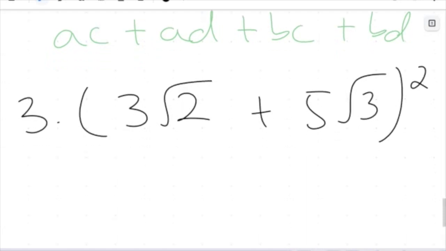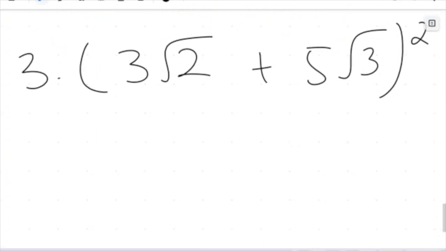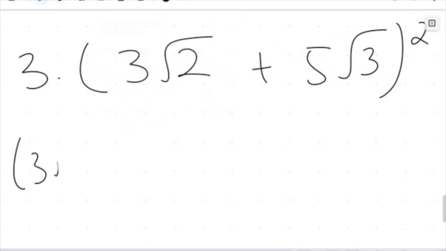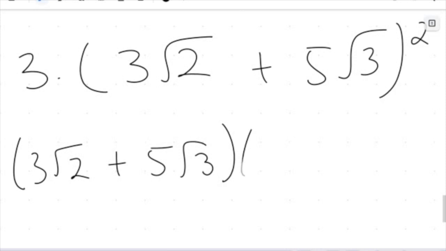Now, if we have anything squared, that just means the expression multiplied by itself. So that would give us 3 root 2 plus 5 root 3 times 3 root 2 plus 5 root 3.